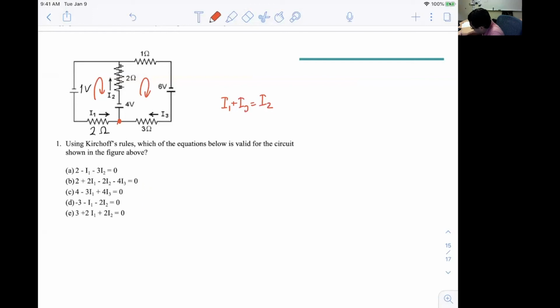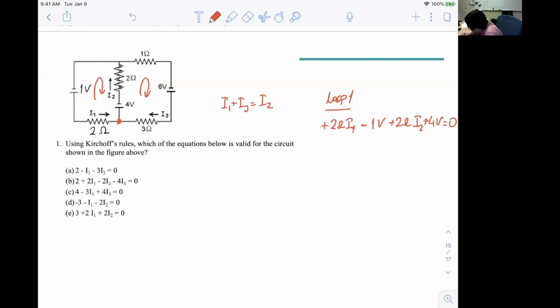And then loop 1 is going to be, let's start from here and go in that direction. It's going to be plus 2 ohms times I1, because I'm going opposite to I1, minus 1 volt. Then I'm going opposite to I2, so it's going to be plus 2 ohm I2. Then plus 4 volts, equals 0.